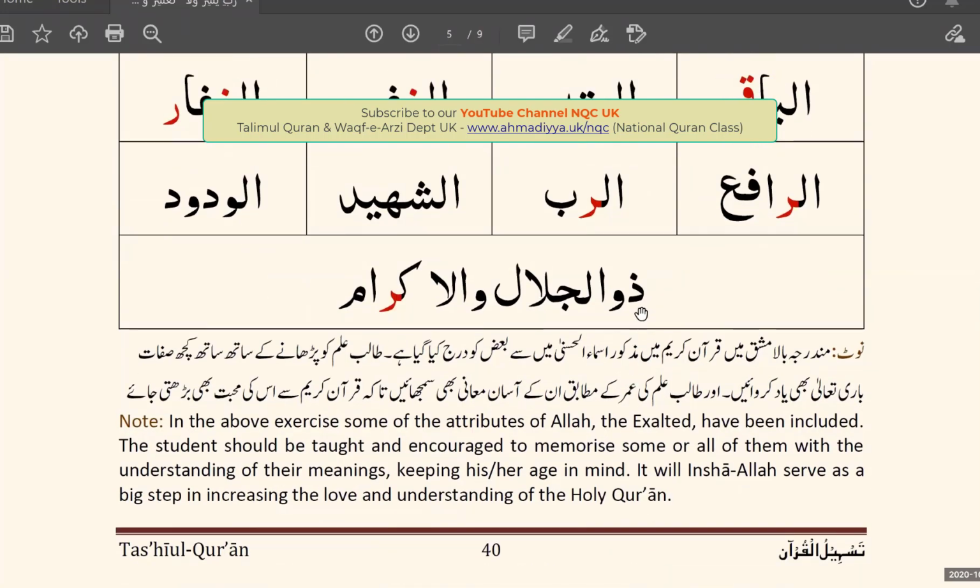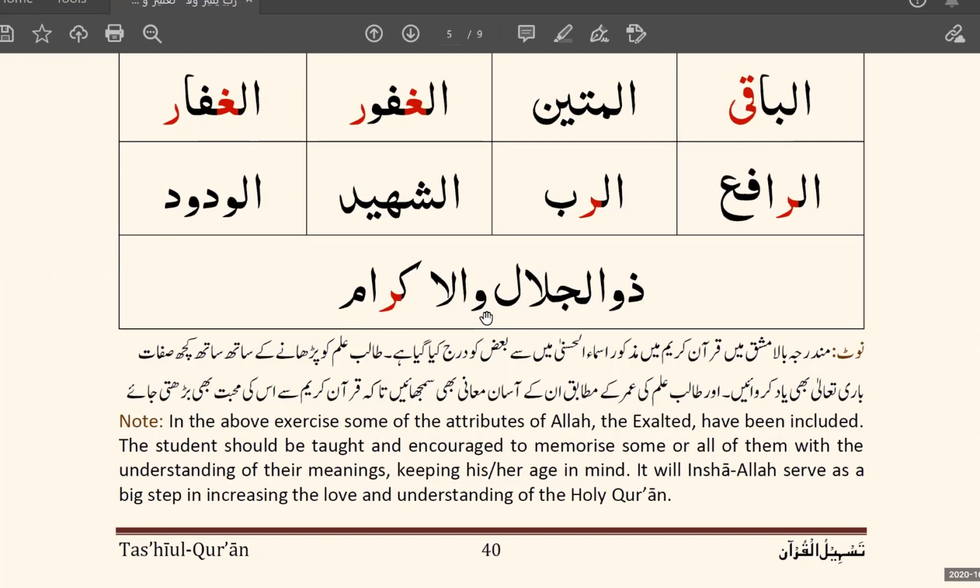Last line. Zal, Waw, Alif, Lam, Jim, Qaf, no, Lam, Alif, Lam, Waw, Alif, Lam, Alif, Qaf, Ra, Alif, Mim. Okay, good.